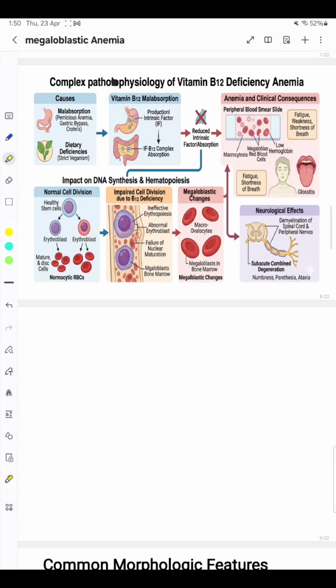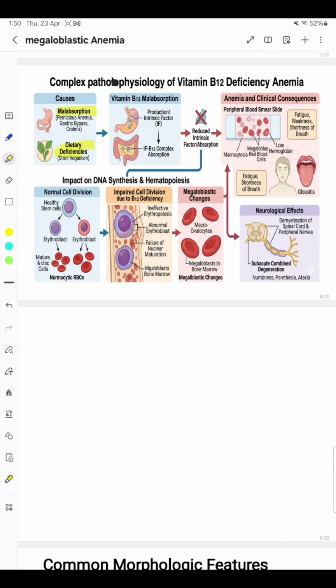The pathophysiology of vitamin B12 deficiency anemia. Causes of vitamin B12 deficiency, as we have already discussed, can be due to malabsorption, pernicious anemia, which results in intrinsic factor deficiency, and dietary deficiencies. They all result in B12 deficiency.